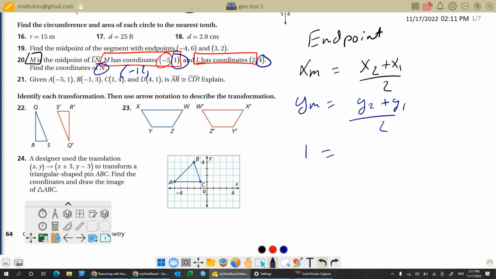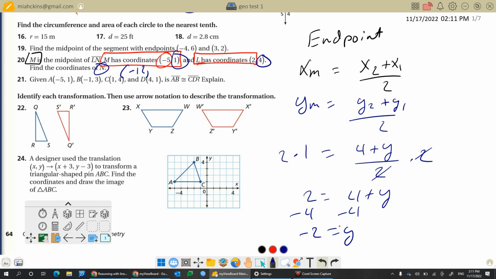And what is our y for our other endpoint? It is 4 plus y over 2. So we multiply by 2, so 2 is equal to 4 plus y. So we subtract 4, so we end up with negative 2 is equal to y. So it's negative 12, comma, negative 2 as our missing endpoint.